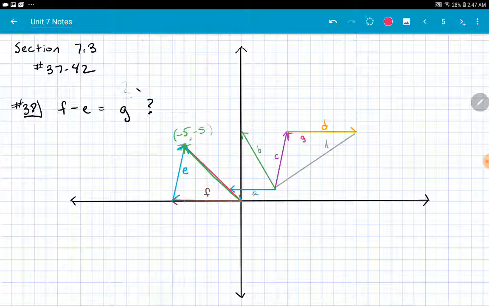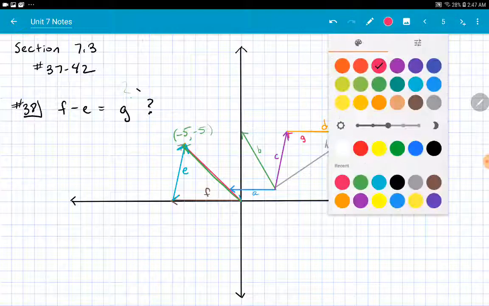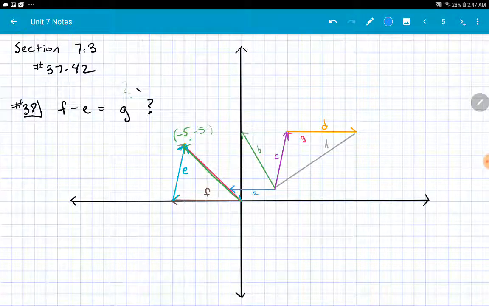Okay, let's do number 42 also. I guess I'll do that in black too. So 42 says D plus F equals 0. By the way, number 38 was going to be a true.